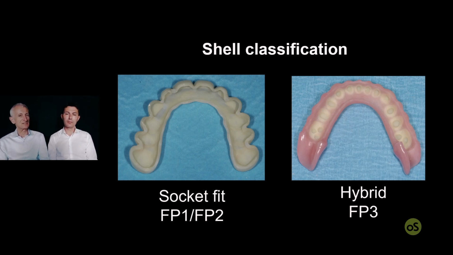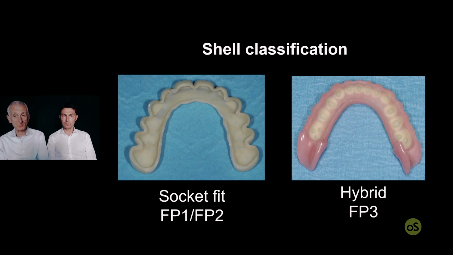But basically, the concept is the same. Some shells are just white, and some shells are white and pink. Now, this can be a very rudimentary classification. And there are obviously more sophisticated classifications. But at the end of the story, this is what it is.